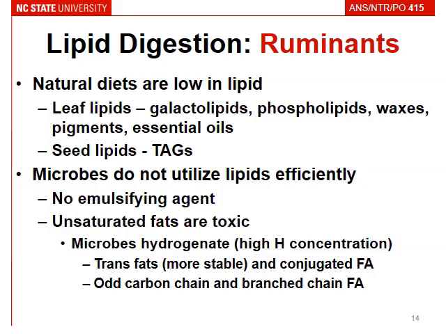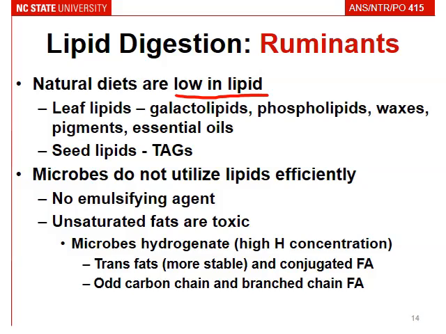So how does lipid digestion differ in ruminants? Well, the natural diet of ruminants is very, very low in lipids. It really doesn't have that much lipid content. And the lipids that are there are galactolipids, phospholipids, a lot of waxes, pigments, and essential oils.